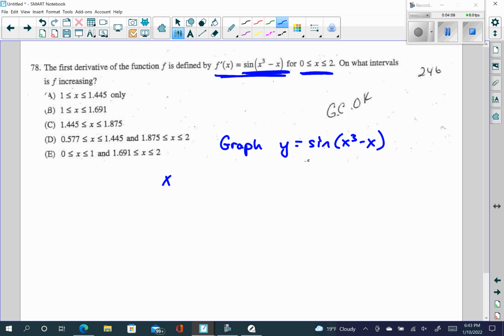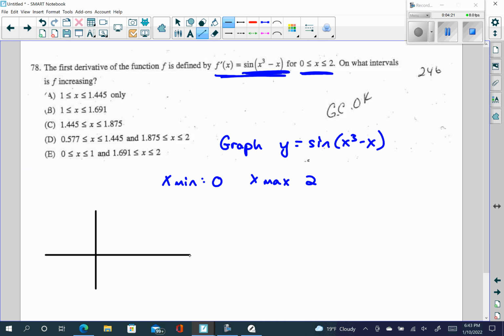So make your x min 0, your x max 2. So you should get a graph that looks something like this.